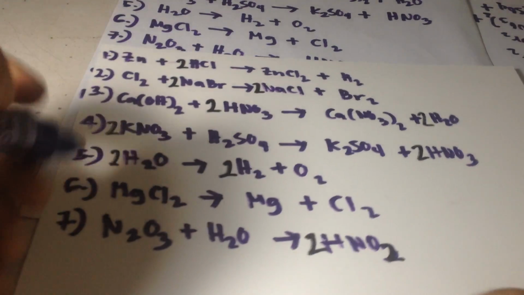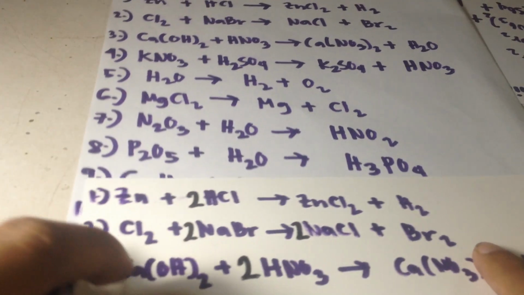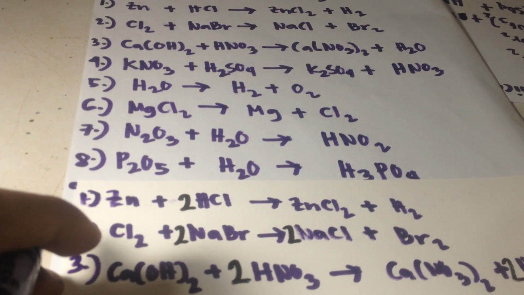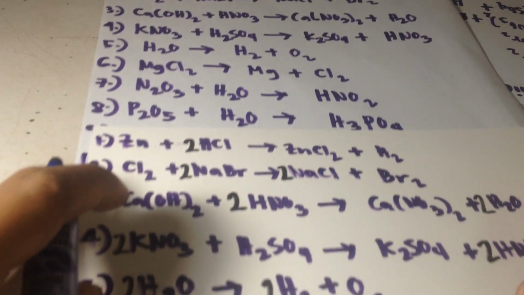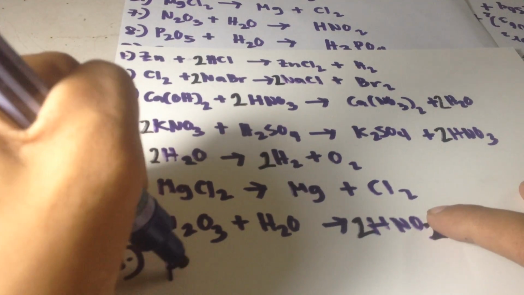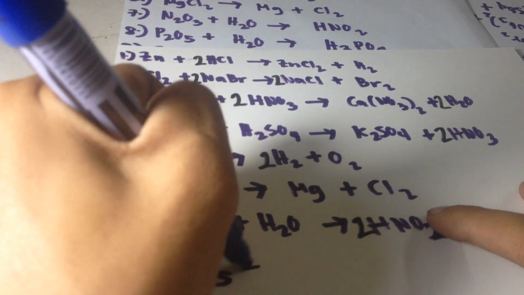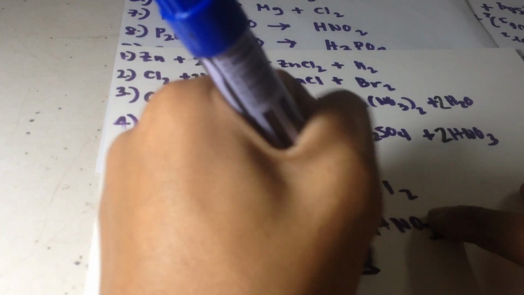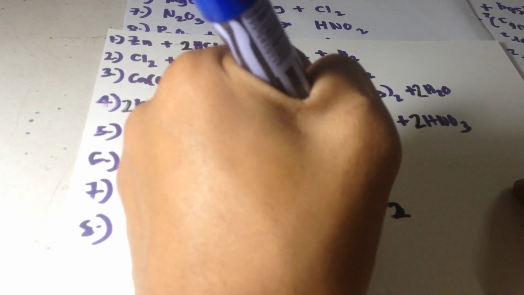In number 8, we have diphosphorus pentoxide plus water reacts to phosphoric acid.